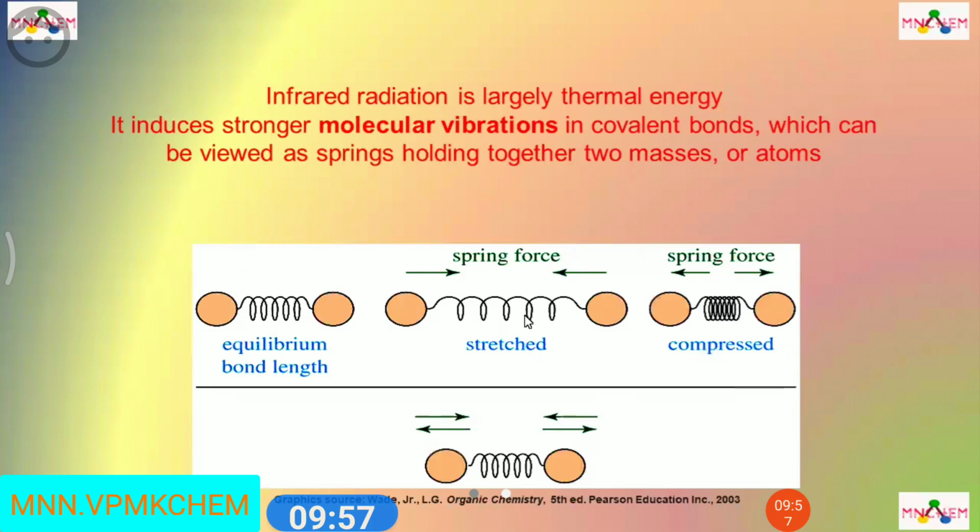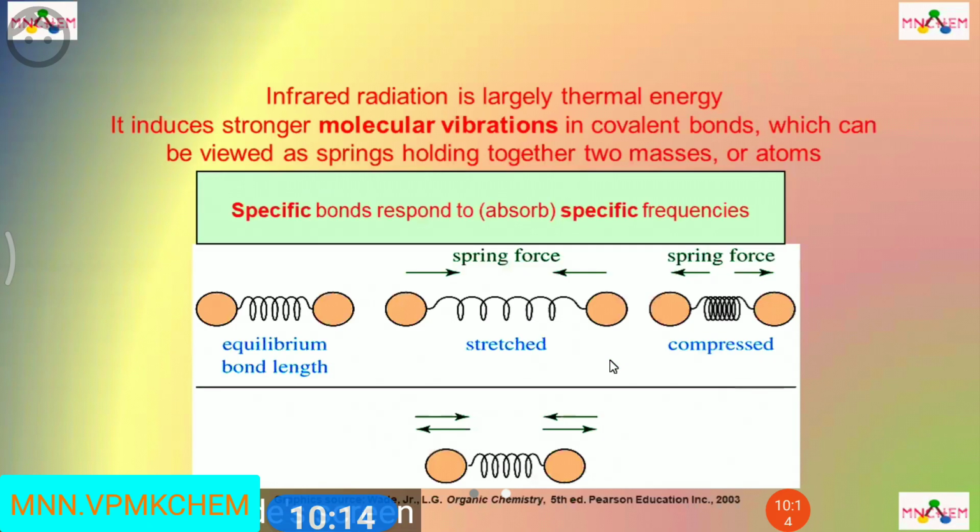And when we have the vibrations, okay, then we can stretch that spring, we can stretch that bond, we can compress that bond. Okay? So these types of vibrations can be observed. It is important to note that specific bonds absorb at specific frequencies.